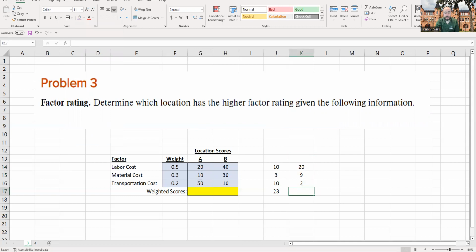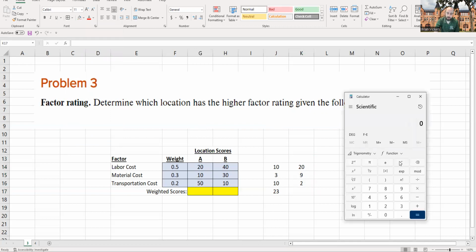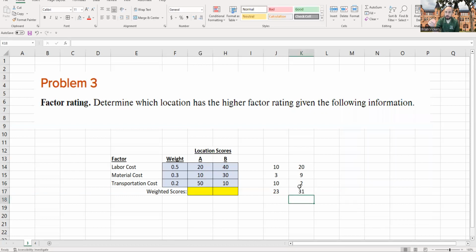All right. And then after that, I sum the products. 20 plus 9 plus 2 is 31. So that's how I would solve that if I was doing it by hand and just writing it down as I was going for quiz purposes, right? And then location B has the higher score, so location B wins.